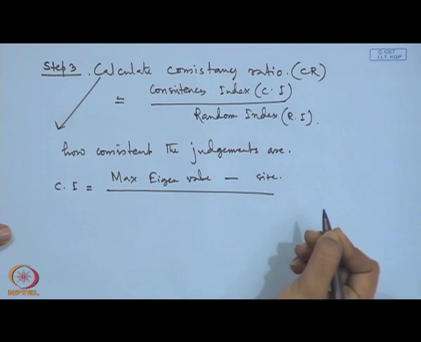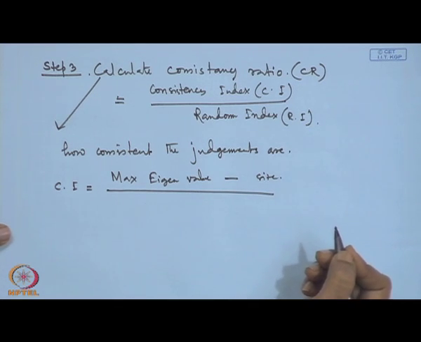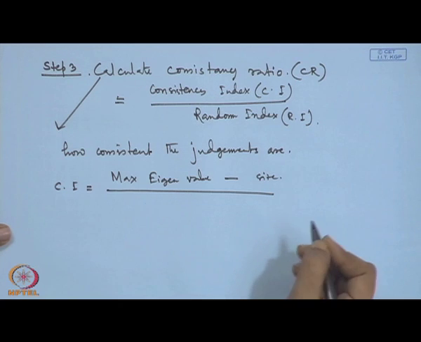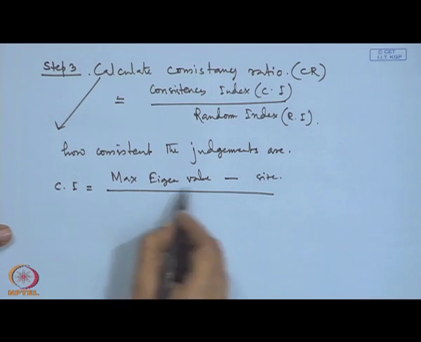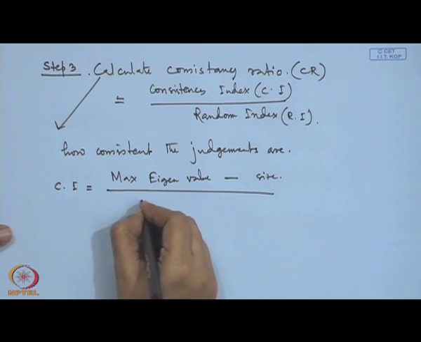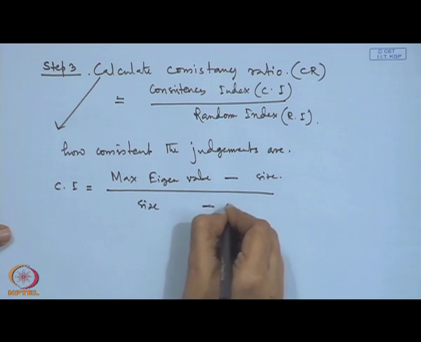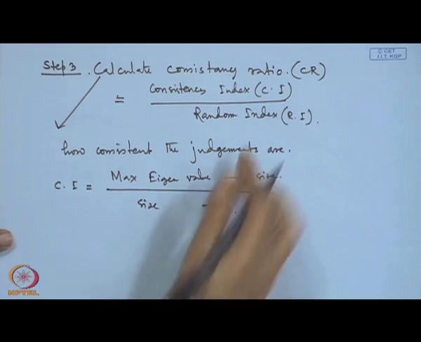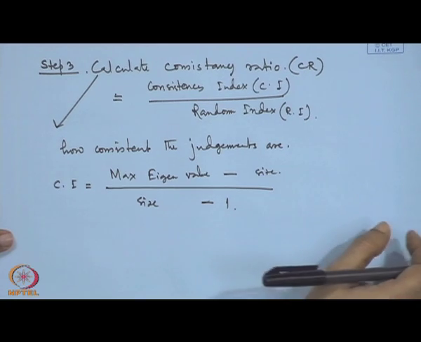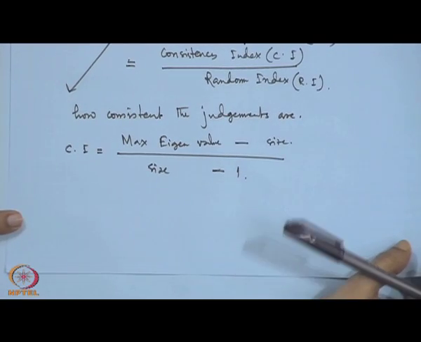Here it is a 3 by 3 matrix. Always the matrix is a square matrix because we are considering the pairwise comparison, and divided by size minus 1. And the random index has been empirically studied by Professor Saaty, and accordingly it has been scaled in this way.